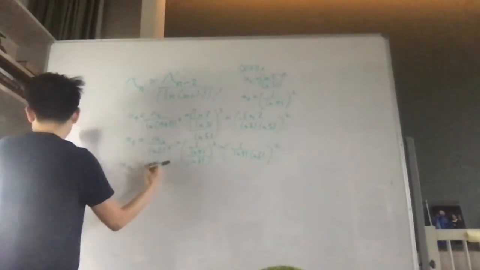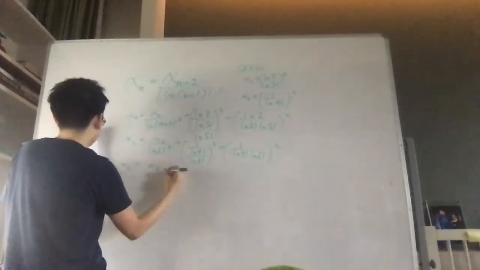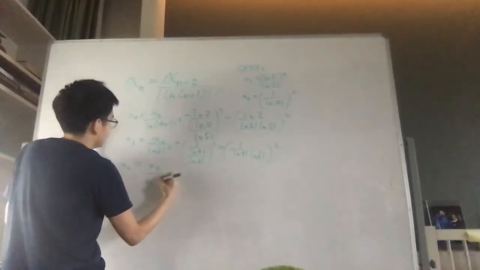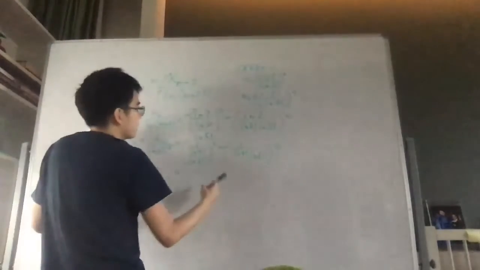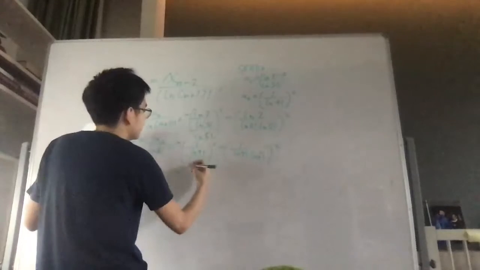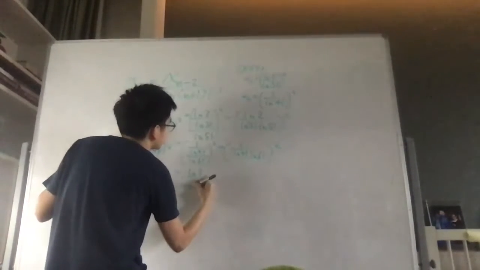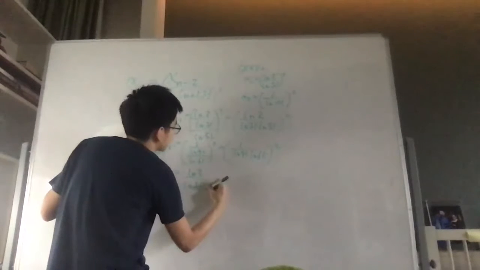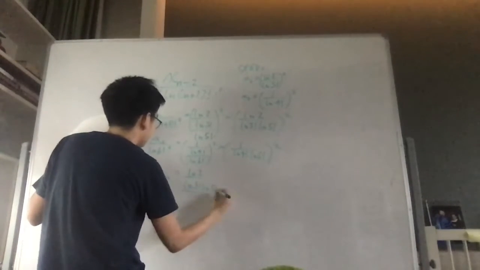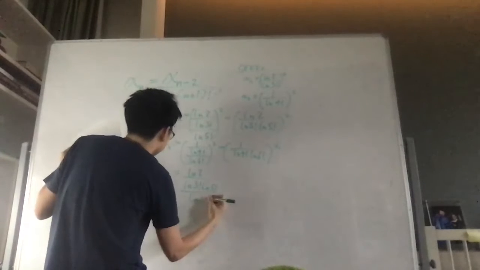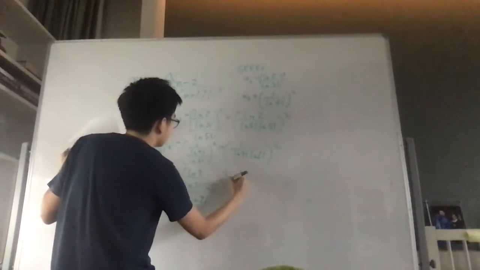x6. This becomes x4 over ln of 6 plus 1, 7 factorial squared. So I just get this result over here, ln of 2. Computation is tedious, is it not? ln of 3 factorial, ln of 5 factorial, ln of 7 factorial, all this squared.